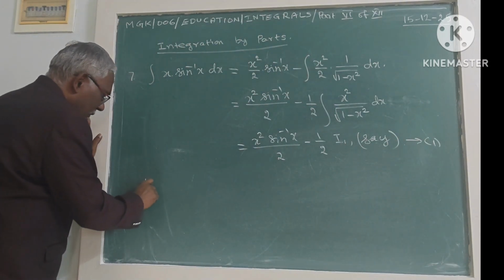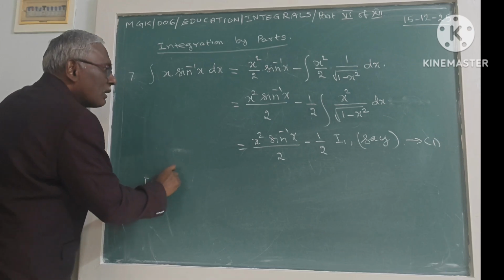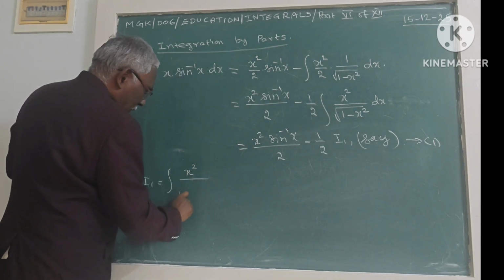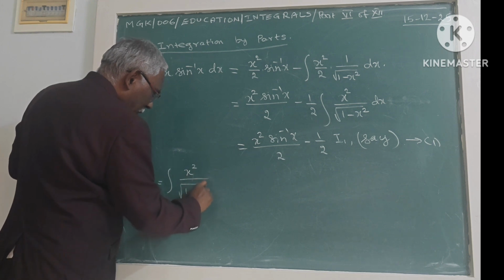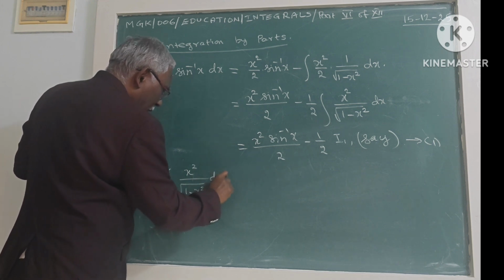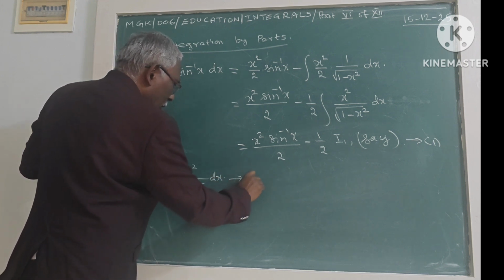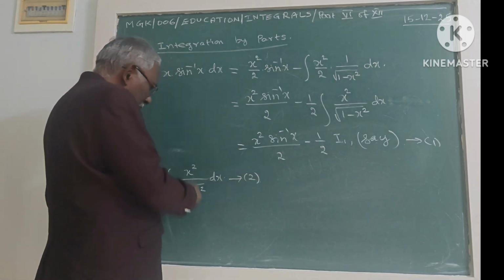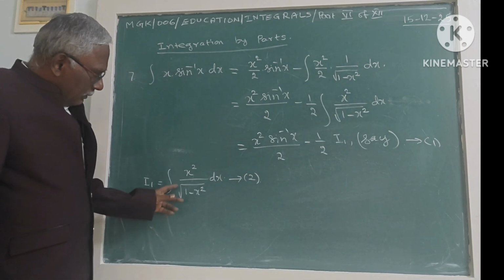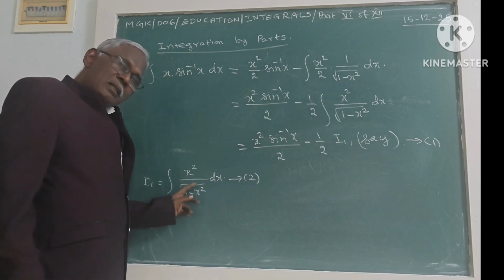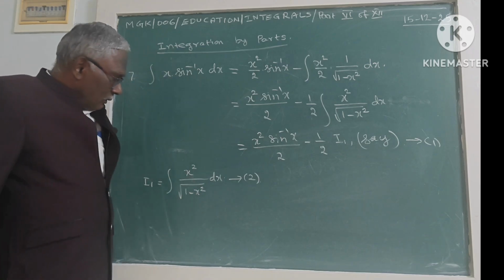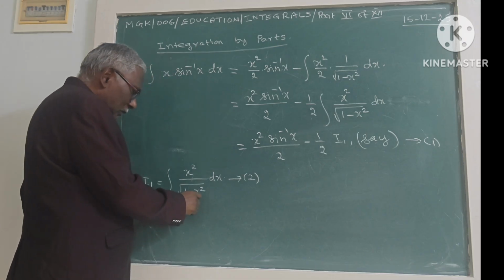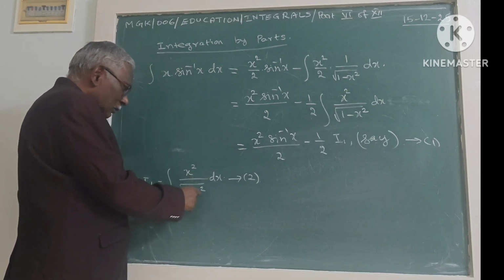I suffix 1 is the integral of x square by square root of 1 minus x square. To evaluate this integral, we have to make the denominator a single term. What trigonometric function should we substitute for x so that this becomes a single term?